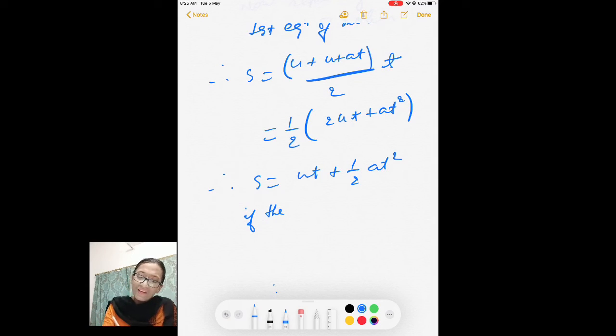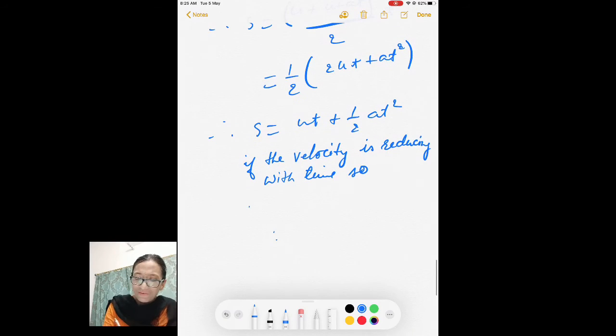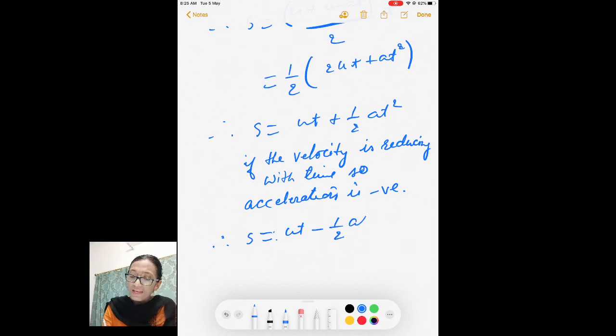So if the velocity is reducing with time, acceleration is negative, and therefore s becomes equal to ut minus half at square.